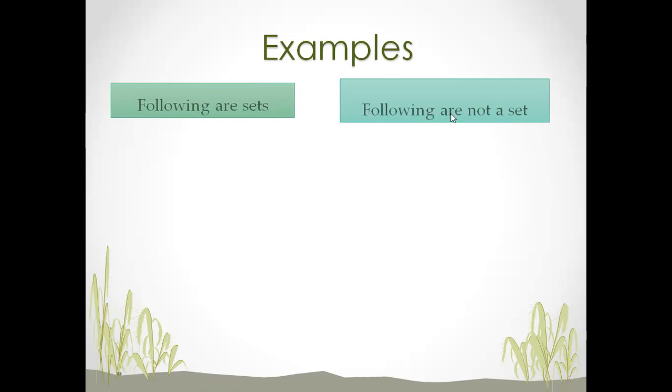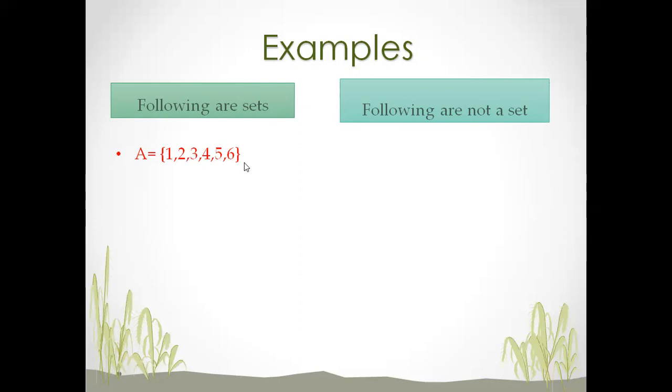So we see some examples of collections which are not sets, and some examples of collections which are sets. First, see this one: 1, 2, 3, up to 6. I collect the first 6 natural numbers and write them in brackets, and we decide it is a set.